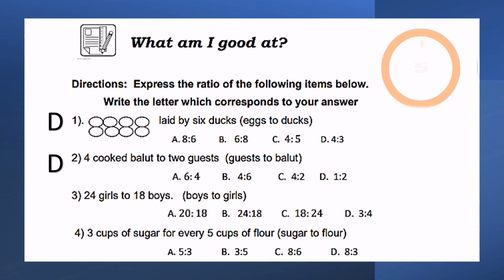Number 3, 24 girls to 18 boys. Boys to girls. Timer starts now. And the answer in number 3 is letter D, 3:4. Number 4, 3 cups of sugar for every 5 cups of flour.